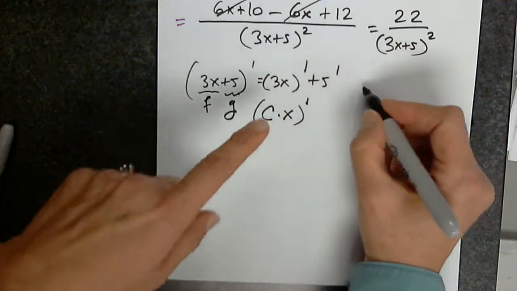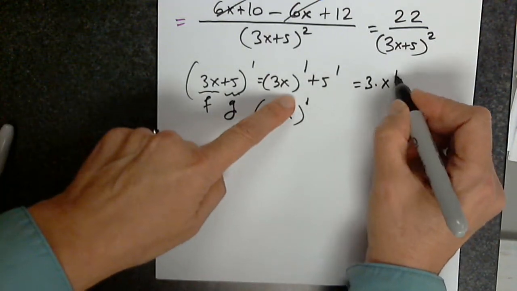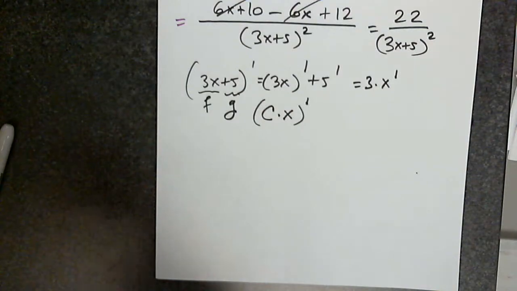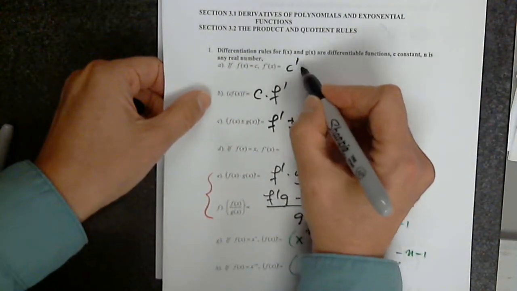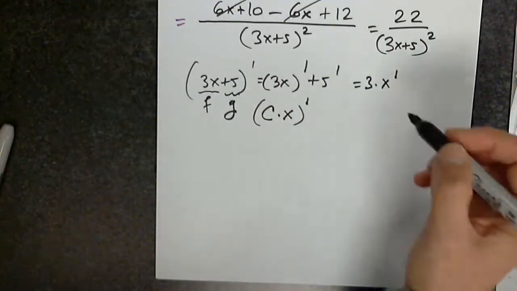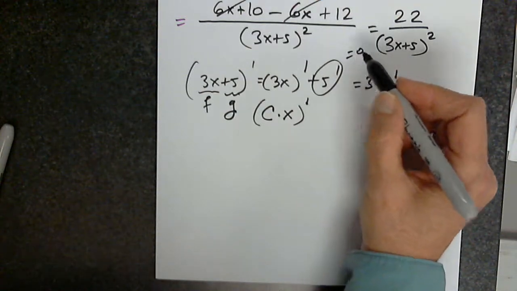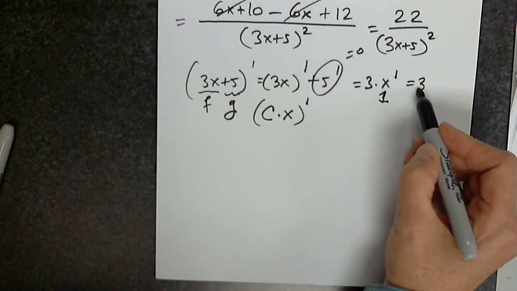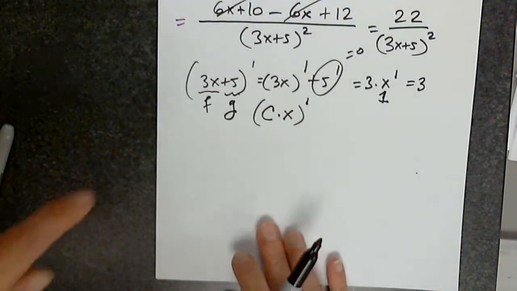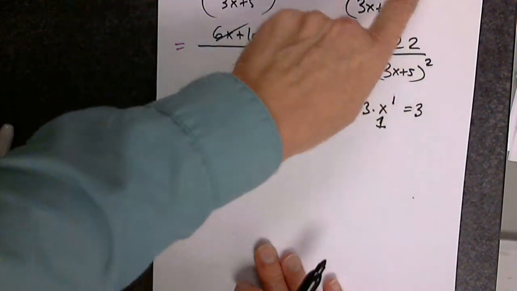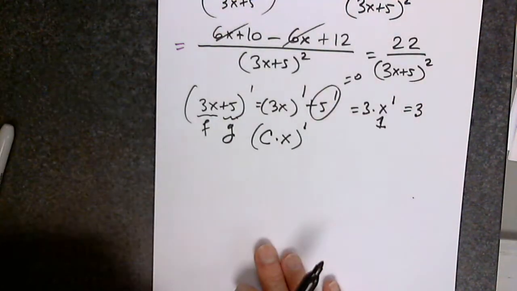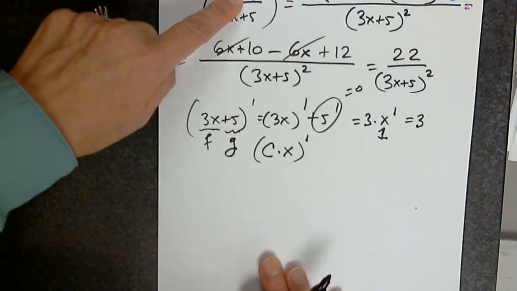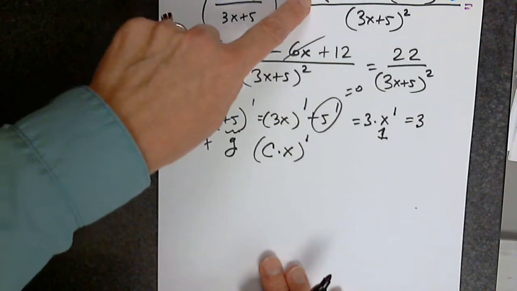So this is 3 times x prime. A constant prime, we know it's 0. A constant prime is 0. So this will be 0. This is 1. So 3 times 1 is 3. So the derivative of this is here, and it's 3. And the same thing with the derivative of this, which is here, and it's 2.